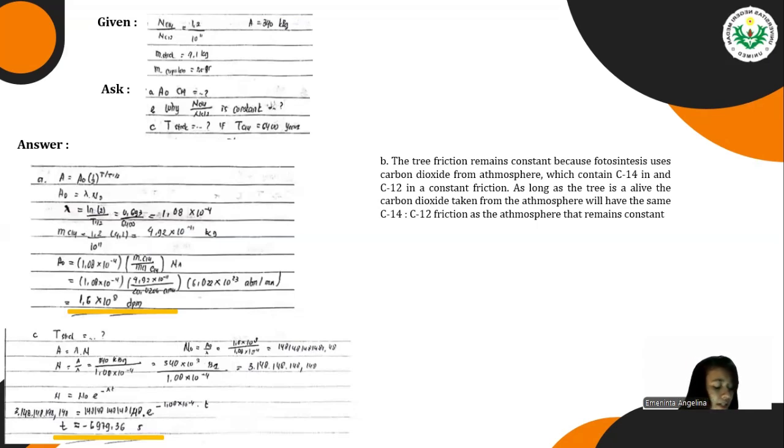Now, to answer this question, first of all, we remember the activity over time in the materials, where the A is equal to initial activity times half to the power of T over half-life, and we substitute the initial activity, where the initial activity is equal to the decay constant k times N0, and this k constant is ln 2 over half-life, is equal to 0.6931 over 6,400.